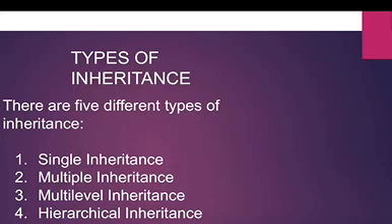Inheritance is one of the most important features of OOPS, object-oriented programming. The class that inherits properties from another class is called a subclass or derived class, and the class whose properties are inherited by the subclass is called the base class, or also superclass.